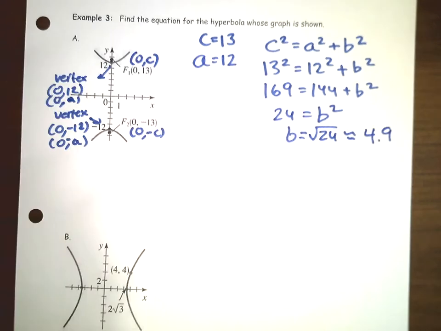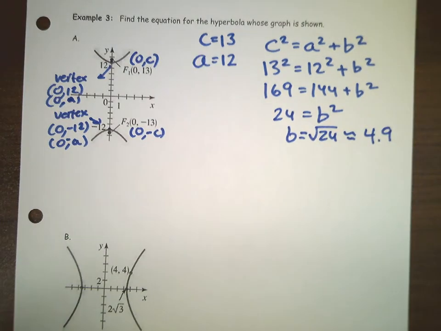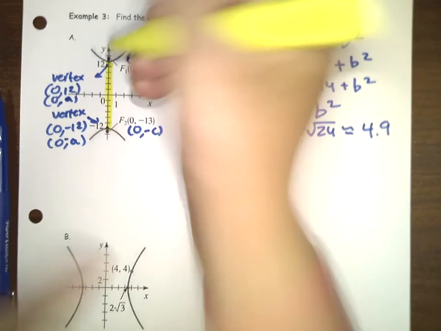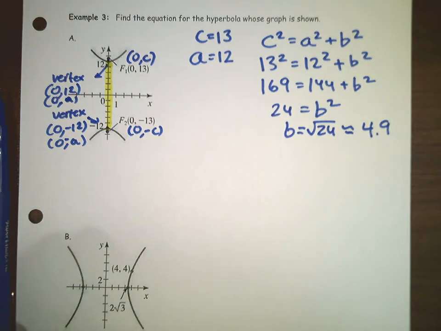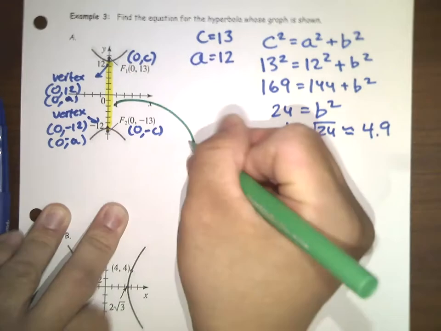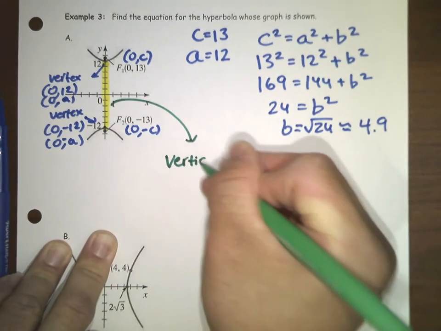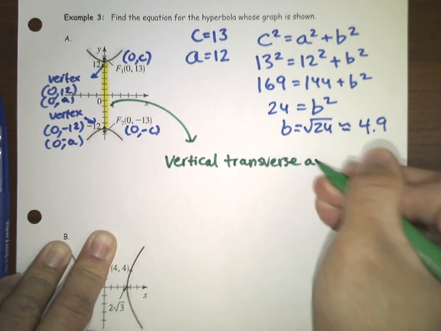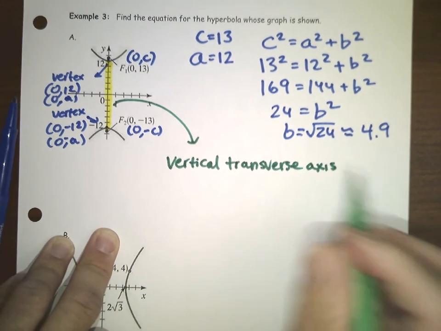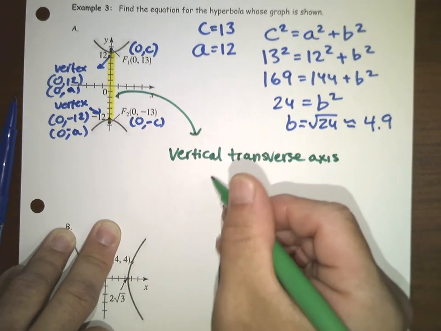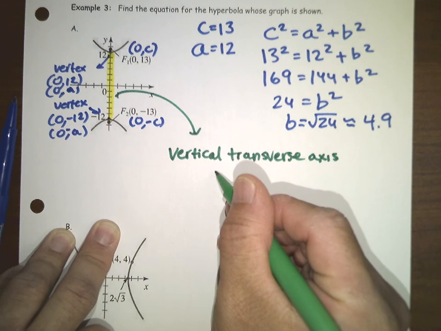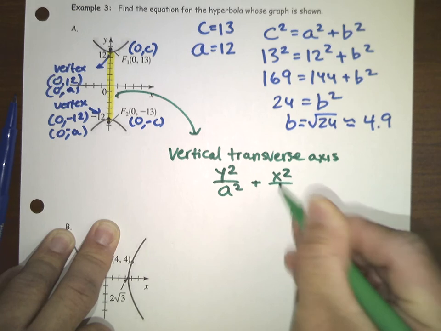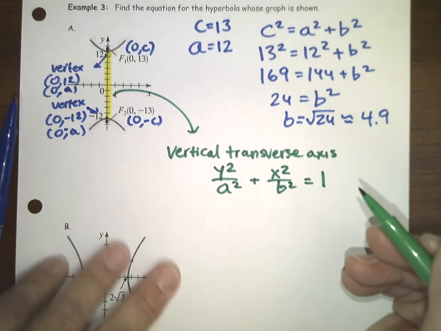But again, that really didn't matter here, because what we notice here is that the transverse axis is vertical. So that's important, because it means that the hyperbola is of the form y squared over a squared minus x squared over b squared is equal to 1.